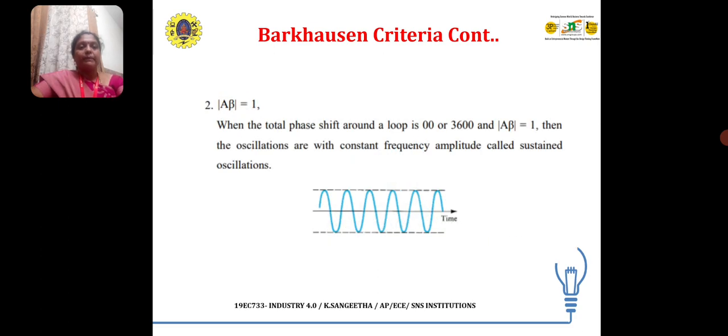And the next condition: if A beta is equal to 1, that is when the total phase shift around the loop is 0 or 360 degrees, then the oscillations are of constant frequency and amplitude, called sustained oscillation. Here you should remember the words constant frequency, that is called sustained oscillation.